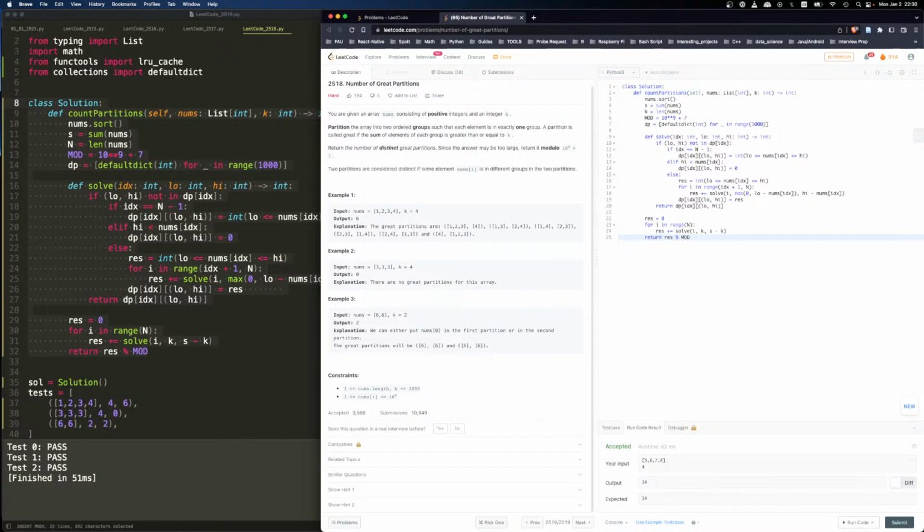Well, it's actually gonna be n choose 1 plus n choose 2 plus n choose n minus 1. Whole thing times 2.